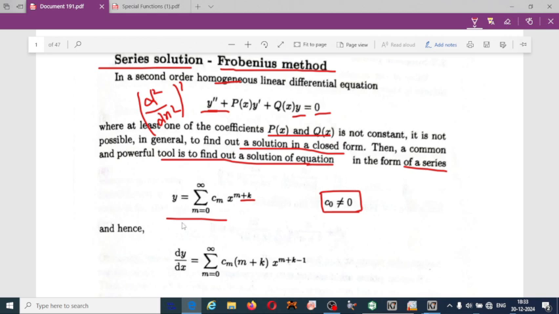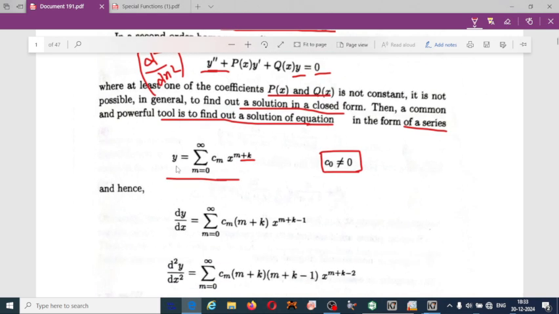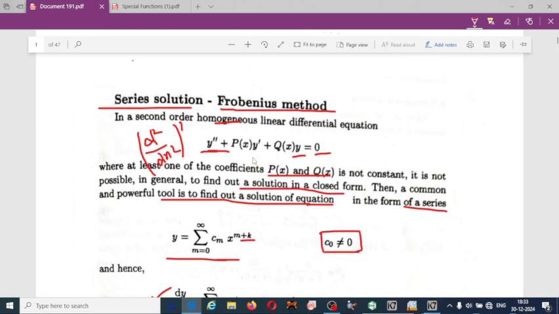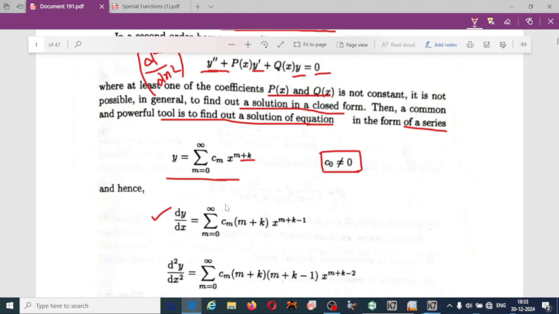In a given differential equation, take the power series solution for y, then differentiate it to get dy by dx, y prime. If you differentiate the power series form, the differentiation of x to the power n is n into x to the power n minus 1.